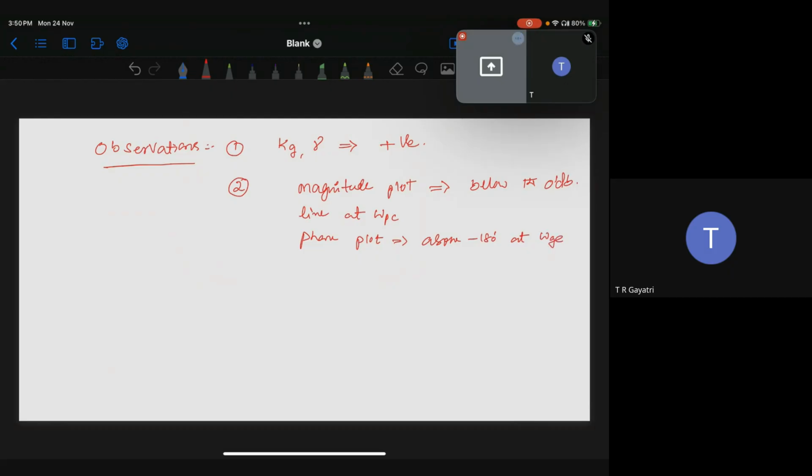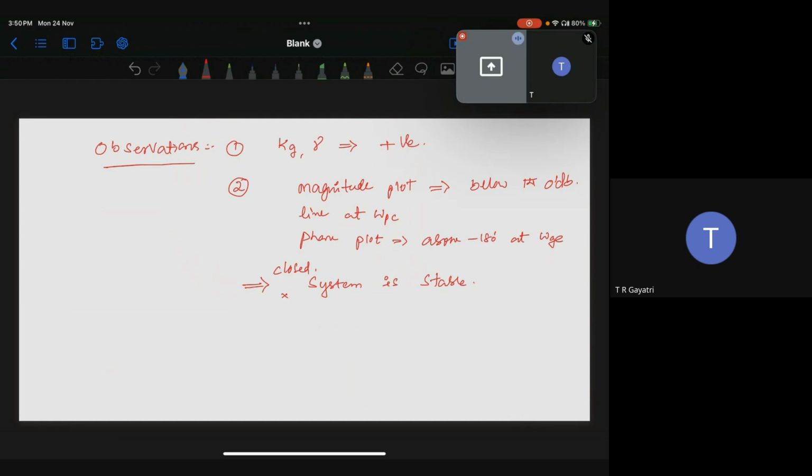Hence the system is stable. The closed loop system is stable.